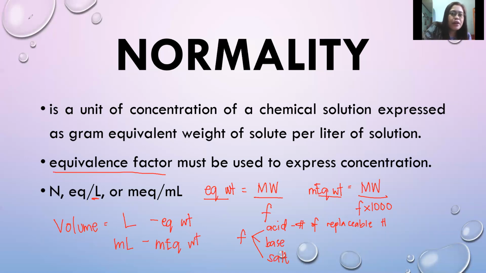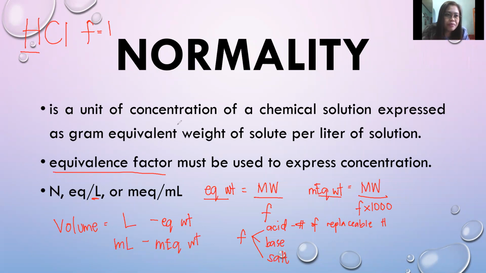So for example, I'll give you an example. You have hydrochloric acid. Again, this is hydrochloric acid. So definitely this one is an acid, no? You just count kung pila ka buok iyahang hydrogen, then mao na siya iyahang F. So for example, hydrochloric acid, isa ka hydrogen, then automatic, the factor there, the equivalence factor is 1. Okay?